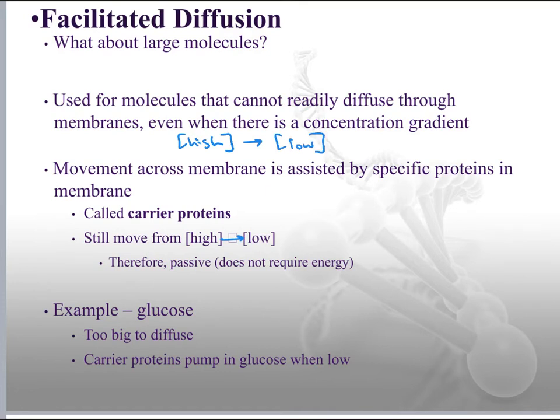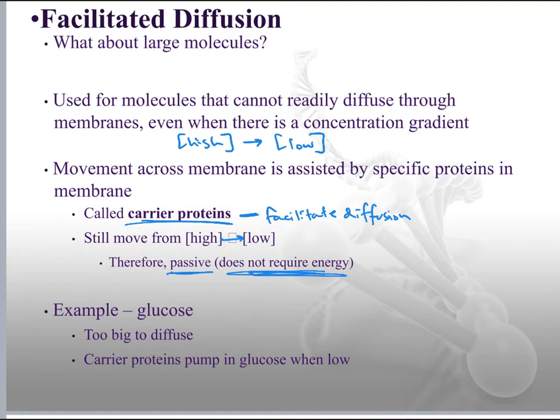So what do we do? Well, it's got to be assisted by specific proteins in the membranes, and these are called carrier proteins. Carrier proteins are going to facilitate diffusion. It's still moving from high to low concentrations, therefore it's still passive. It doesn't require energy.